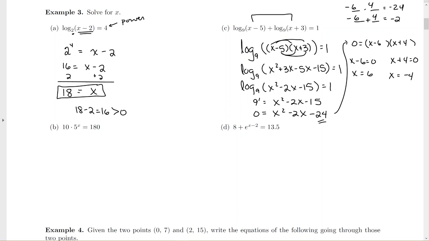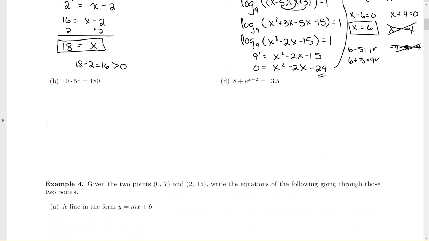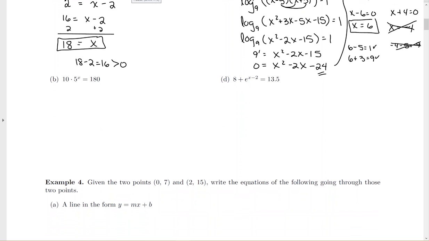But again, you've got to plug your numbers back in to the log and make sure that the argument's positive. Pick one of them, 6 minus 5, and then 6 plus 3. Both of them give positive arguments, but if I plug in the negative 4 minus 5 is negative 9. And once it fails, you can't use it as an answer. So this one only has the one solution, x equals 6. Okay.